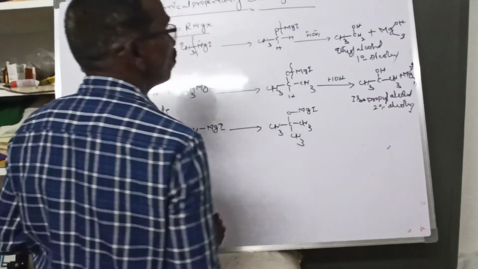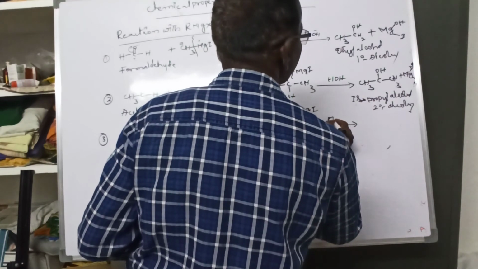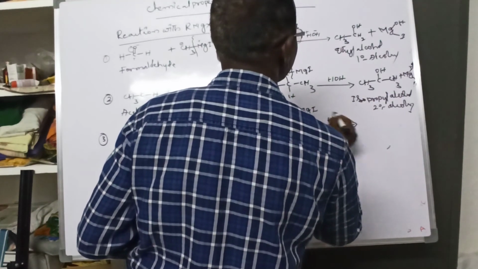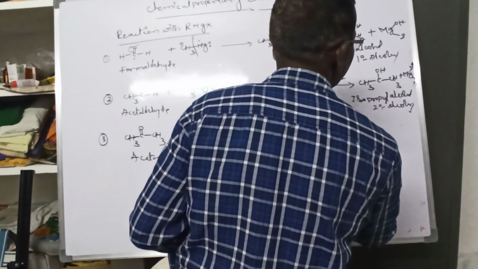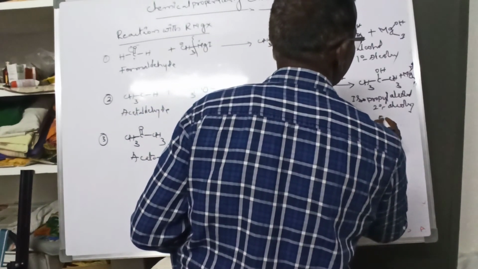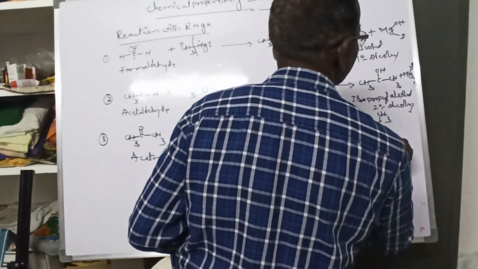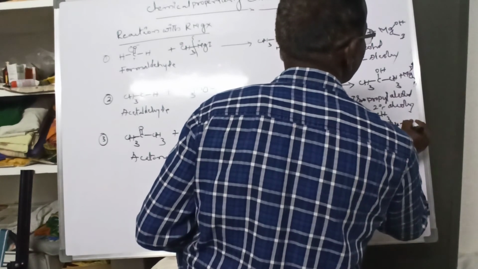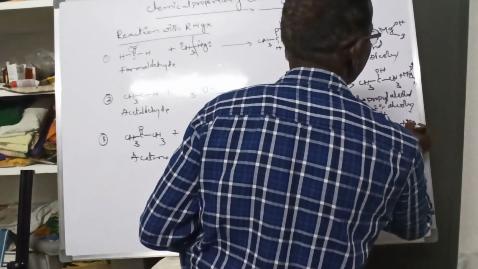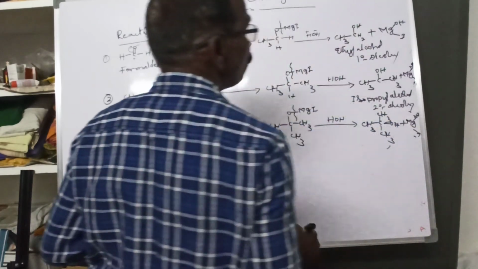It further undergoes a hydrolysis reaction, that is, reaction with a water molecule. So here that is CH3, C, CH3, CH3, OH, and hydroxy magnesium iodide is formed.